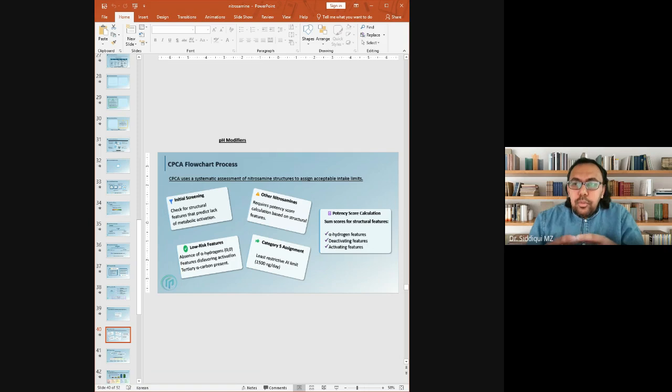In this case, there are alpha hydrogen features, deactivating features, and activating features, and there is a chart and decision tree in the FDA and EMA guidelines, which shows for which functional group what score is needed, and how we can predict the carcinogenic potency classification.